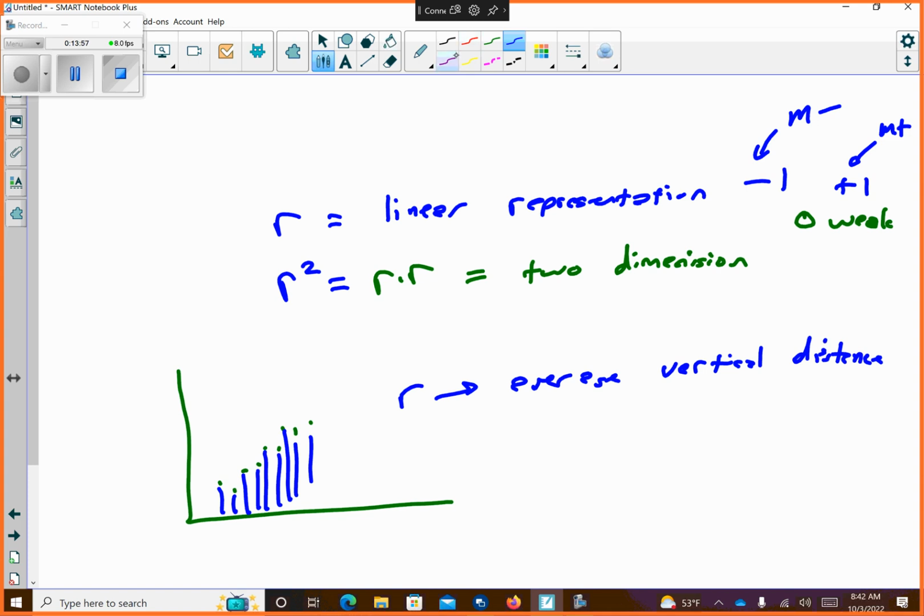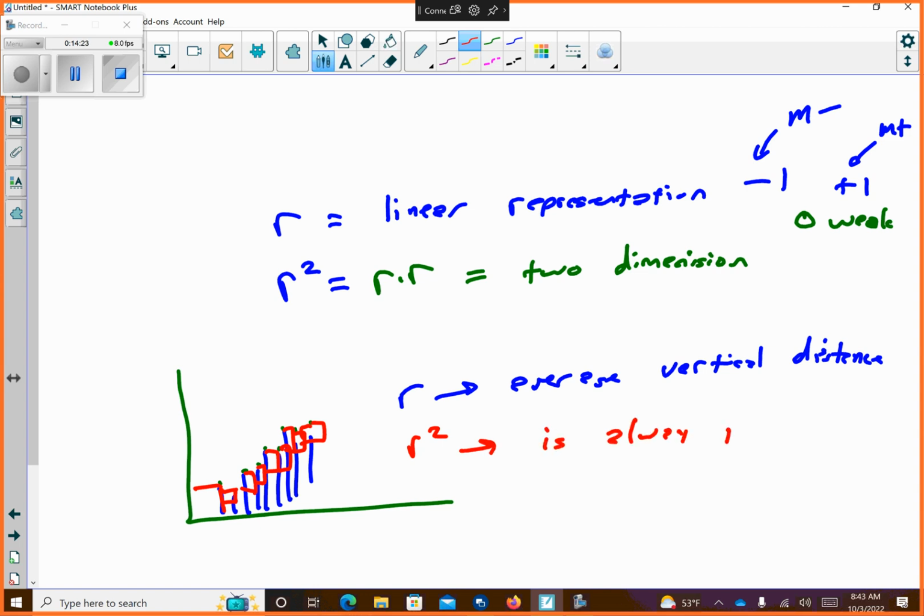If I were to do R squared, it's the vertical and the horizontal. You're creating these boxes from your data, and you basically take the area of each of your boxes. R squared is always positive.